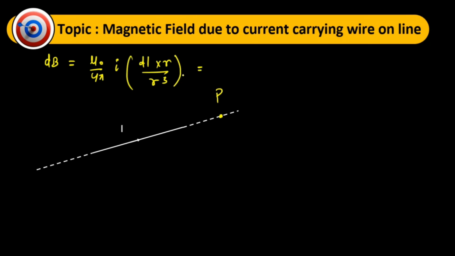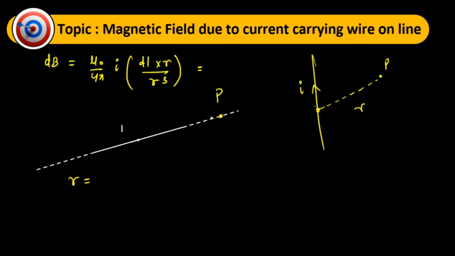If you look at here, what is the distance between the point and the wire for this particular situation? This r is between the wire and the point.